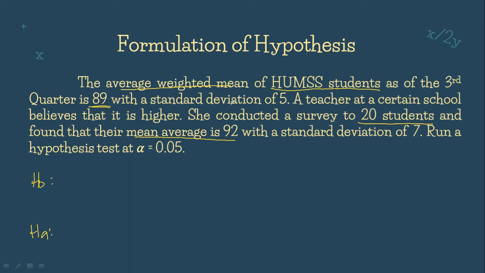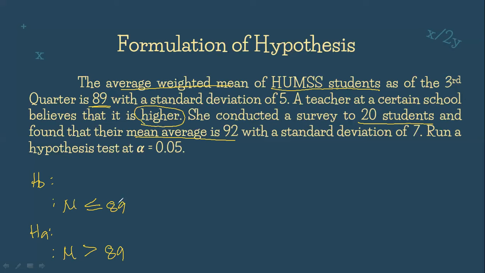Pero pag wala naman po, we'll proceed to the null. Pero dito po, sa example na to, remember na meron po tayong word na higher dito. Kaya ibig sabihin po, ang una nating pwedeng magawa is the alternative hypothesis. So ibig sabihin po, mu is greater than 89. And here naman po, ano nga po yung kabaliktaran ng greater? That is less than or equal to 89.